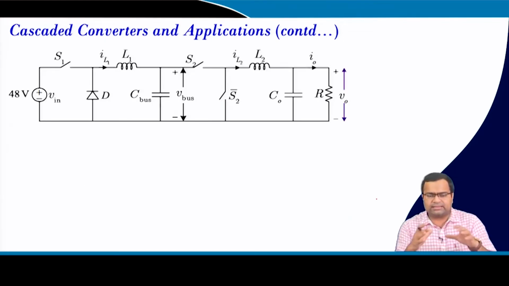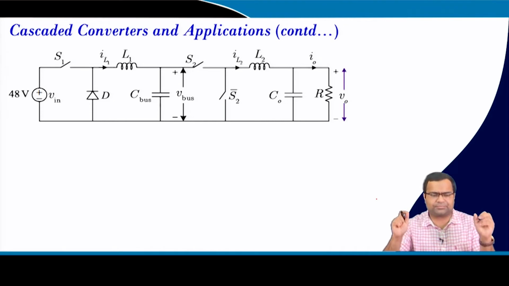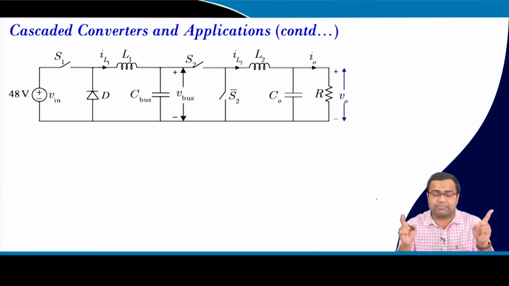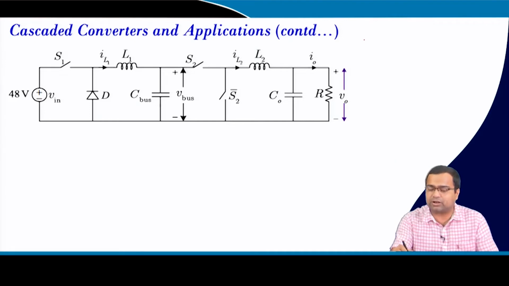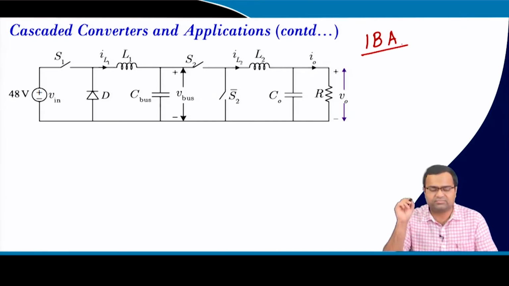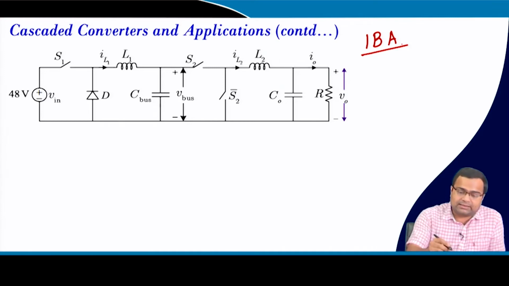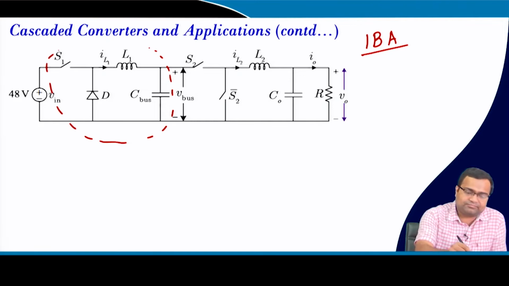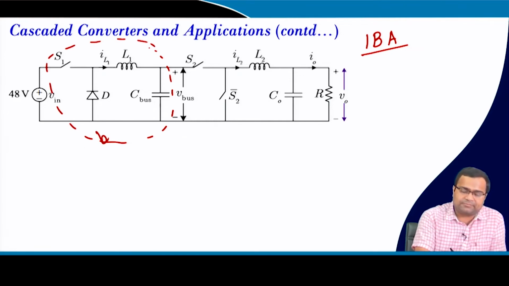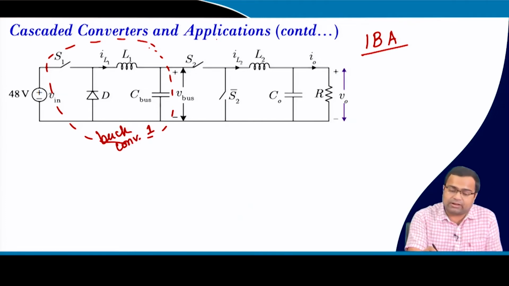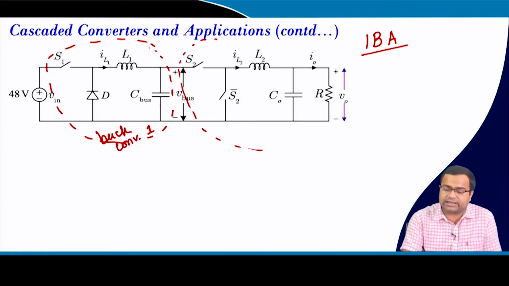Now, this is a very simple example of an intermediate bus architecture. So, this is called IBA, intermediate bus architecture. In this architecture, the first stage converter is a buck converter, number 1, and there is another buck converter, which includes this stage.